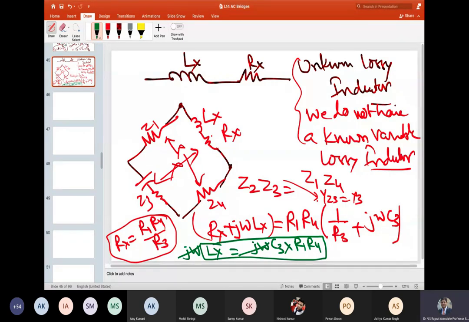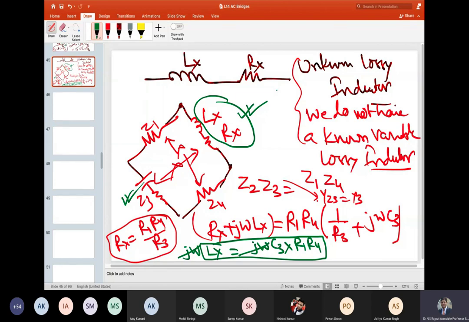Correct? So this is how we come to the conclusion of today's discussion, that bridges are useful to measure impedances. And while I measure impedances, I have to design the bridge in such a way that I decide what kind of component we have to include in the arms of a bridge, so that whatever unknown values we have to calculate, this calculation will be easy and straightforward.